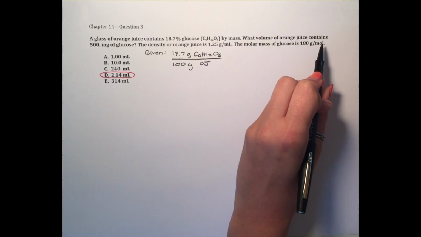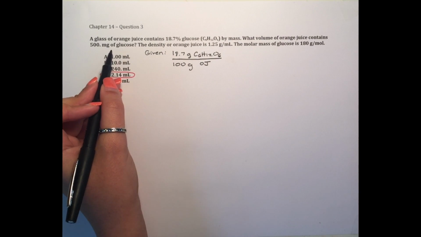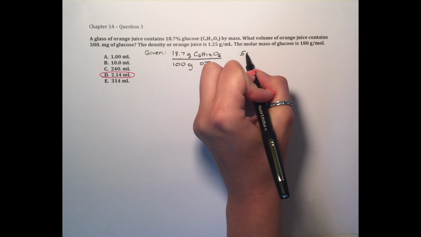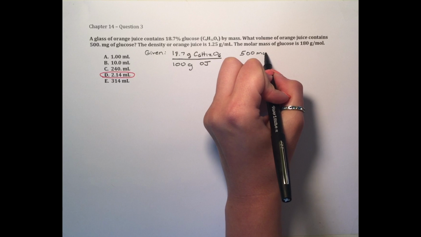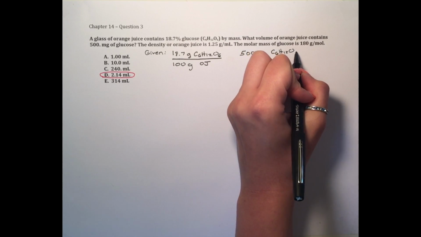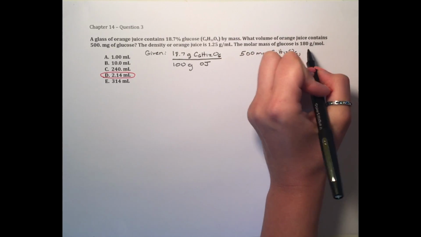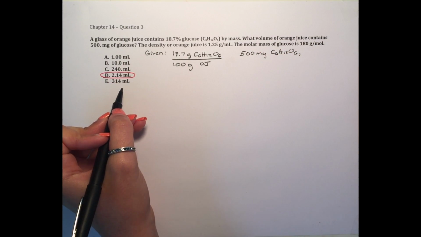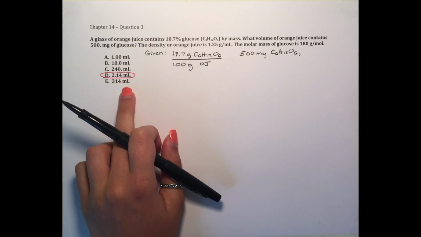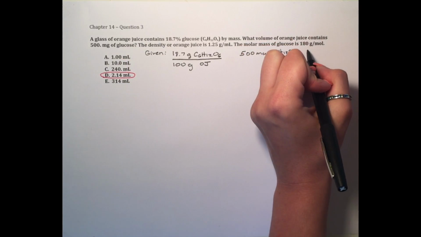What volume of orange juice contains 500 milligrams of glucose? So we're told that we have 500 milligrams of glucose, and that gives us how many milliliters of orange juice. And we know we're looking for milliliters because all of our answer options here have milliliters.